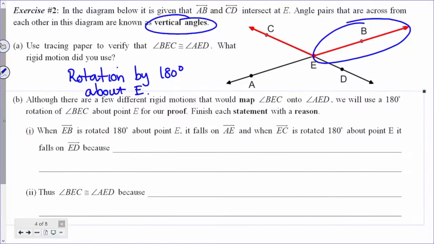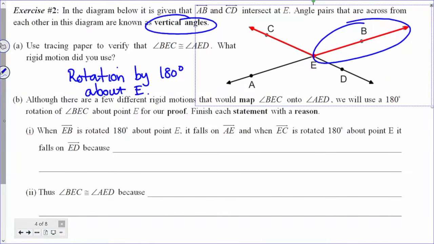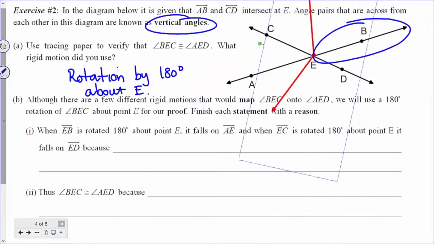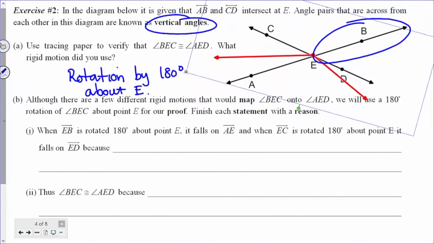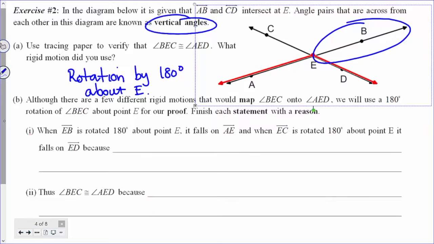When I rotate this 180 degrees, then EB lands on AE simply because A, E, and B are collinear.